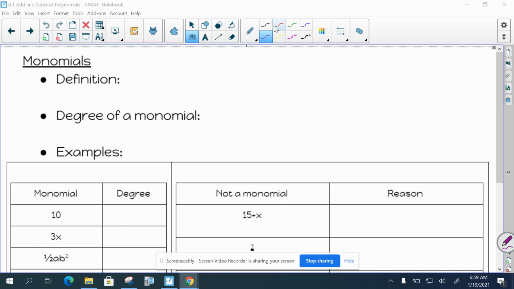All right, so before we talk about polynomials, as you probably know, poly means many, so many monomials or many terms. So monomial means just one term.